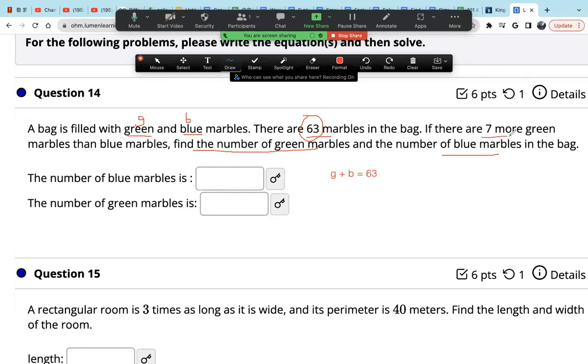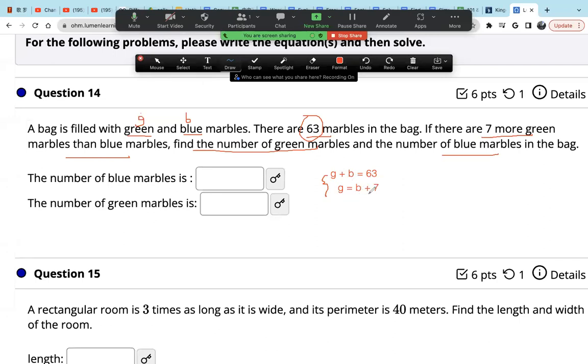There are 7 more green marbles than blue marbles. So we can form another equation. That means G equals B plus 7, right? Because we have made a system of equations. Because there's 7 more greens than the blues.